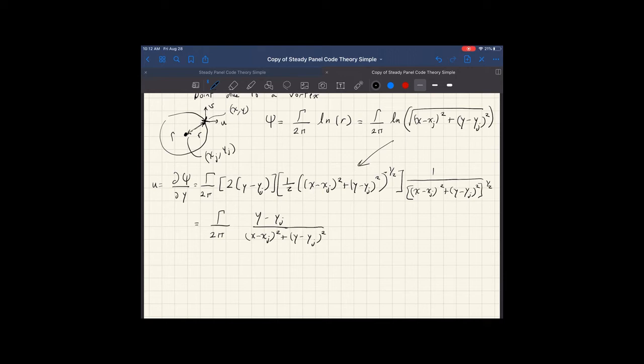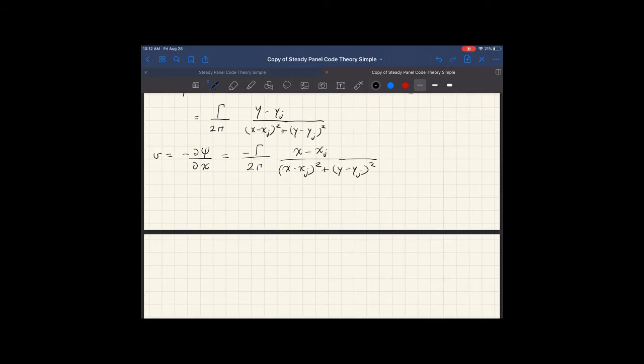Okay, and in the same vein, v, which is the vertical velocity on the point, is minus partial psi partial x, which again I will skip taking the derivative, but it simplifies to minus gamma over 2 pi times x minus xj over x minus xj squared plus y minus yj squared.